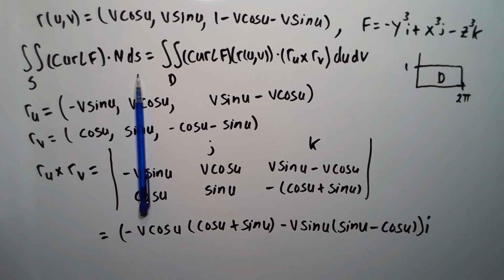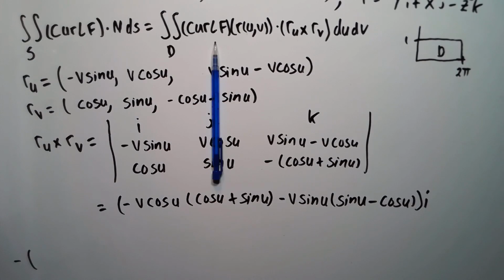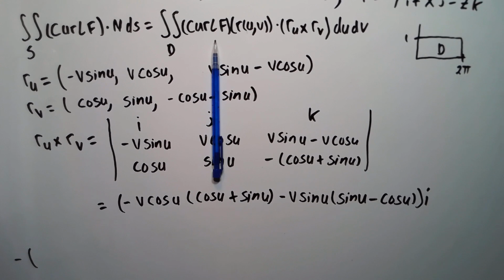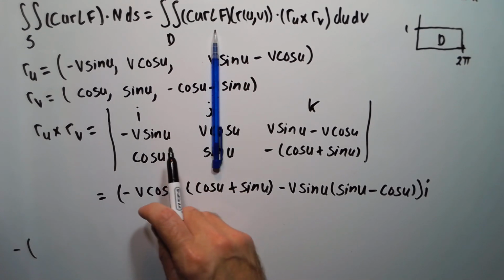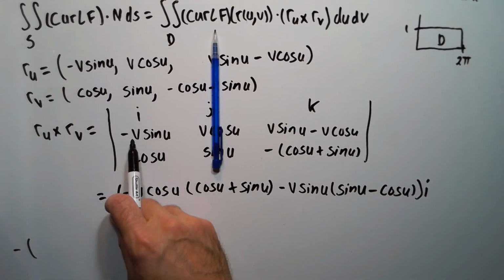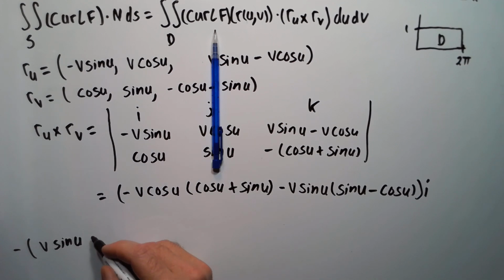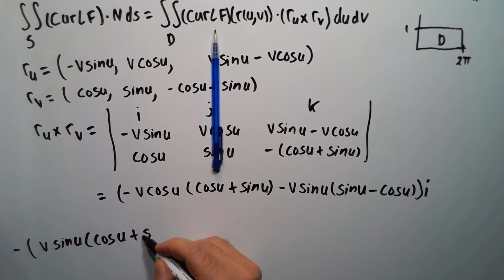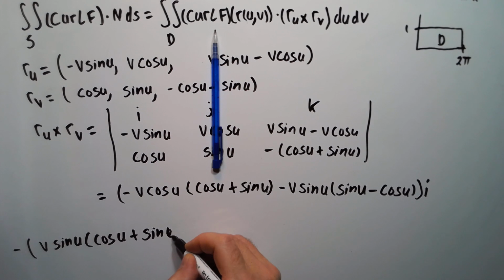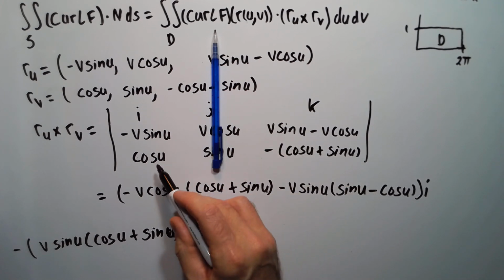Okay, let's do the j one next. Covering the j column will be this, with the minus sign in front. This times that, two minuses will be plus, so it will be v sine u times cosine u plus sine u. And this times that, minus.